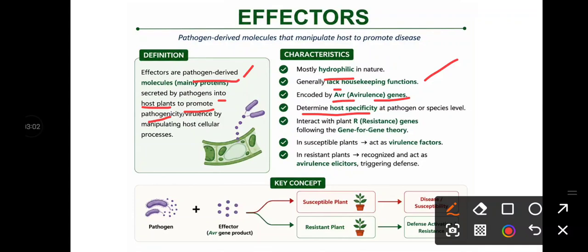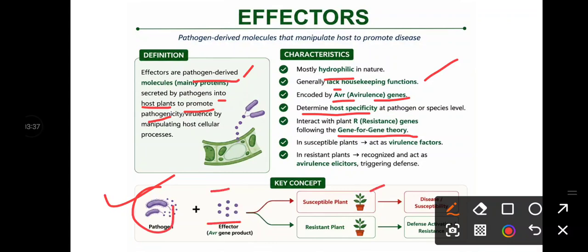Then how do they interact? Two conditions will be there. One is in presence of a resistance gene and another is in the absence of a resistance gene. The theory behind the interaction of effector with host protein is the gene for gene hypothesis, or gene for gene theory. When you see this diagram, when the pathogen is there, it will secrete the effector protein.